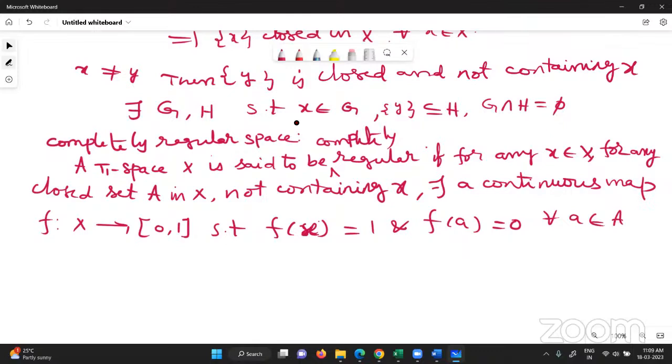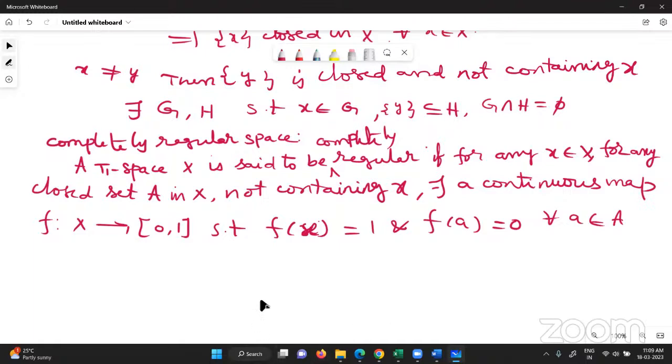Once again, listen carefully. A T1 space X is said to be completely regular. Regular space means a T1 space is said to be regular if a point and a closed set are separated by two disjoint sets.